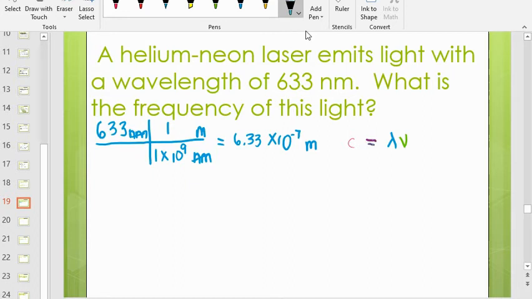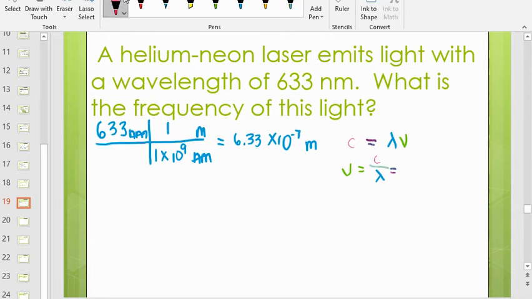All right, so we're going to fill in the information we know. We also need to isolate our frequency so we can solve for that. So I'm going to have my frequency equals our speed of light divided by our wavelength. Okay, so that's going to equal our speed of light here.